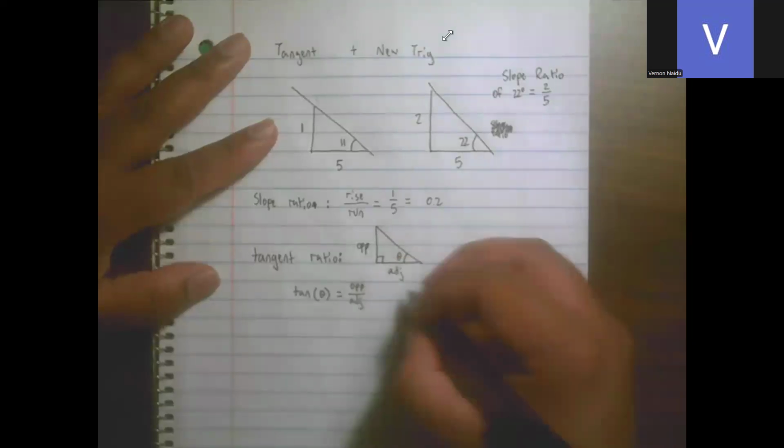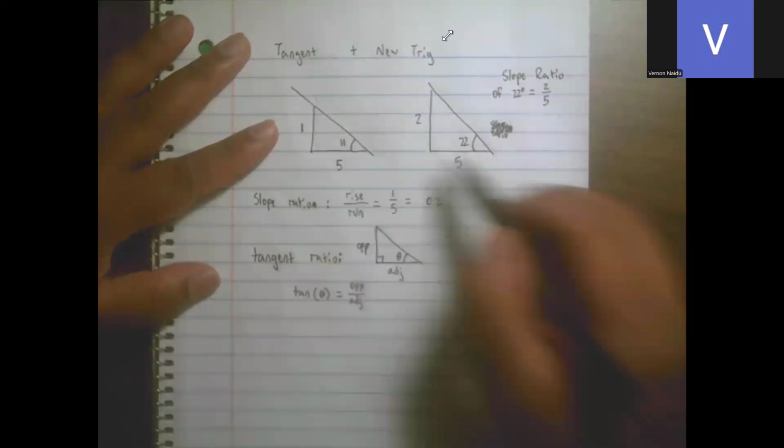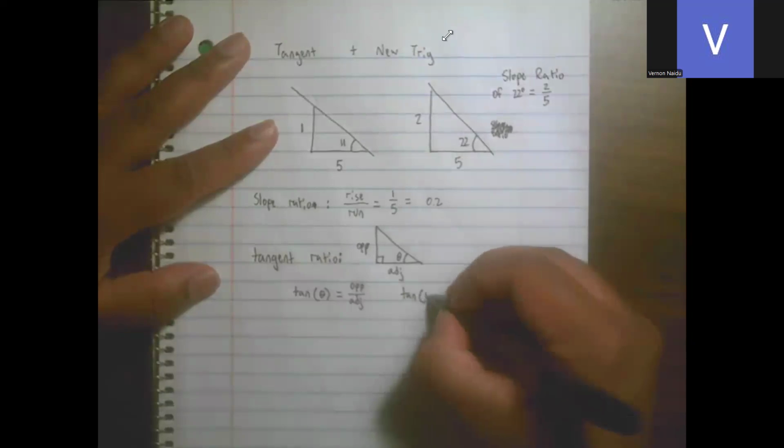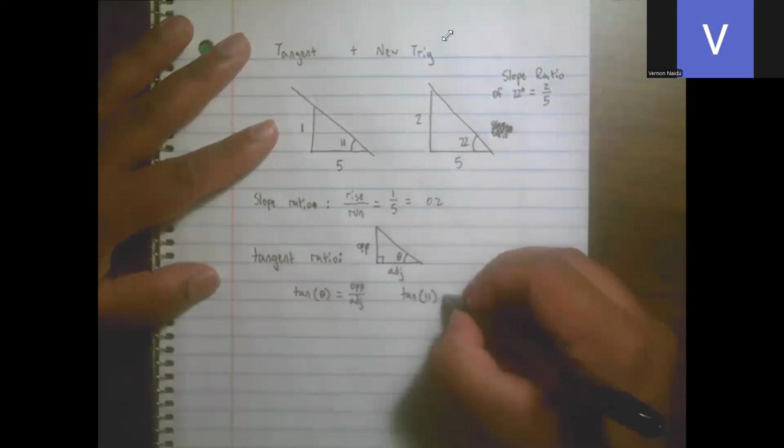So for example, using the numbers that we have up here, if we took the tangent of 11 degrees, we would get a value that is the same as 1 over 5 if we were to evaluate.